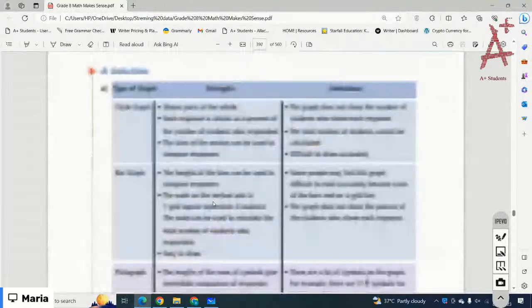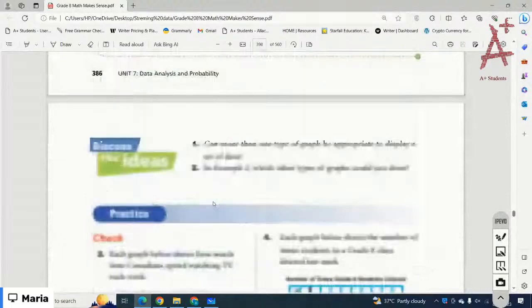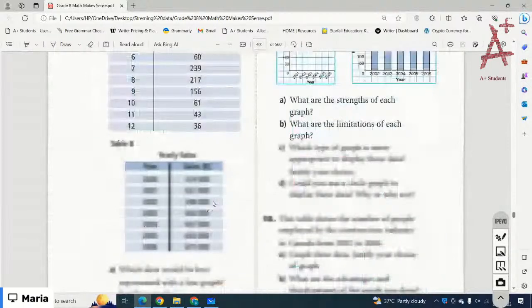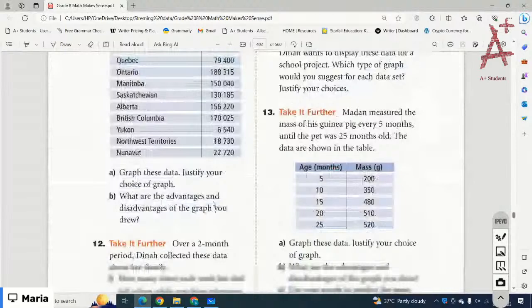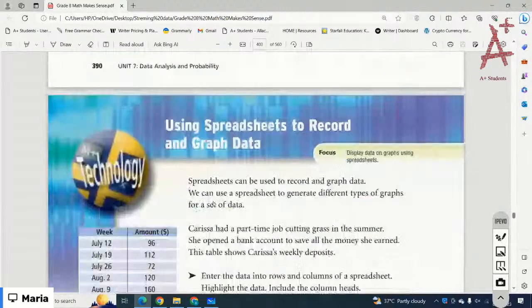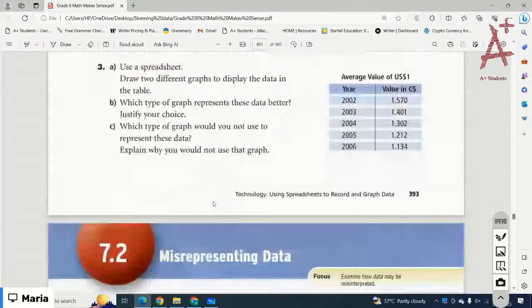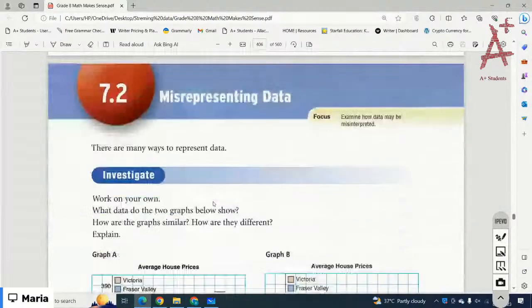The next lesson is misrepresenting data. Let's just start with the lesson that is misrepresenting data.